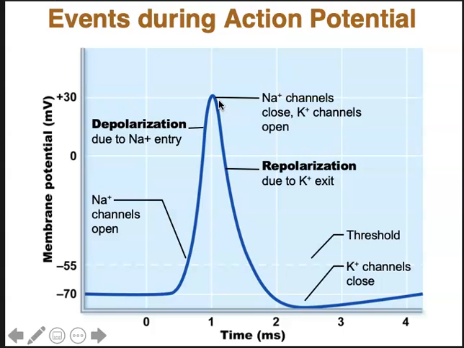But at this point, our slow opening voltage-gated potassium channels, which were stimulated to open at the exact same time as our sodium channels were opening, are so slow that they're finally opening up by the time the voltage-gated sodium channels are closed. So now our voltage-gated potassium channels are open, and of course the concentration inside the cell of potassium is higher, so potassium will leave. This is what explains the repolarization event.